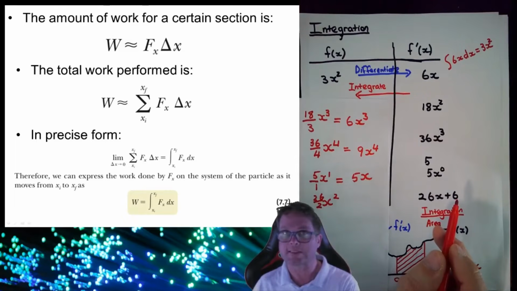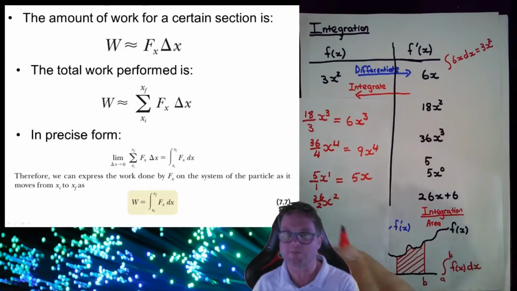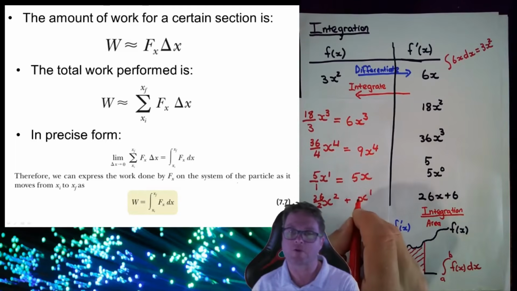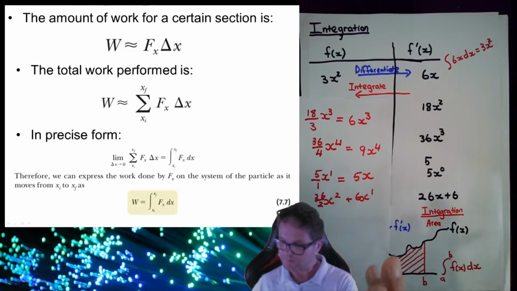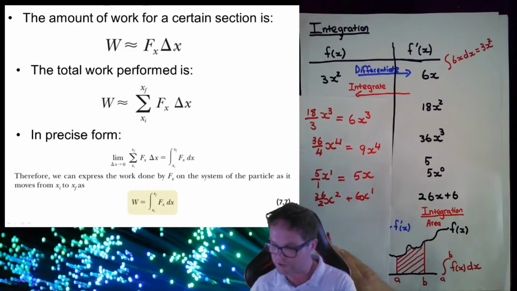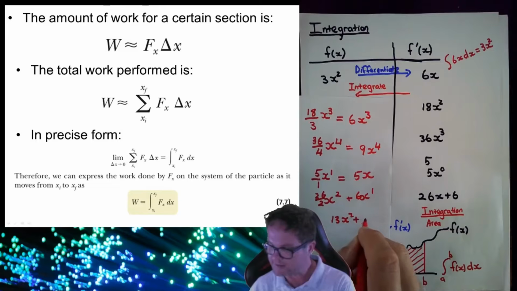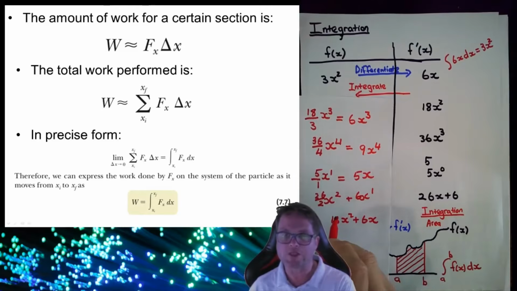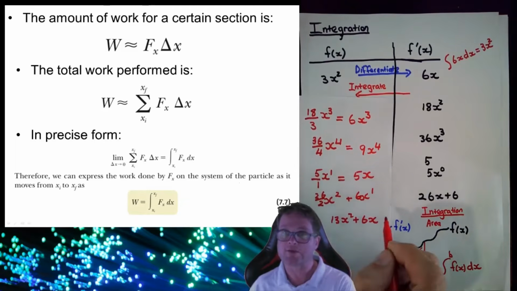Remember, 6 is the same as 6x to the power of 0. If I want to integrate x to the power of 0, I make it x to the power of 1, and of course it's just going to be 6 divided by 1, which gives us the 6. So this is equivalent to 13x squared plus 6x. If we differentiate this, we get 26x plus 6, which shows that we've done our integration correctly.